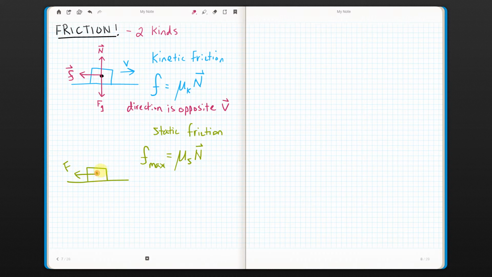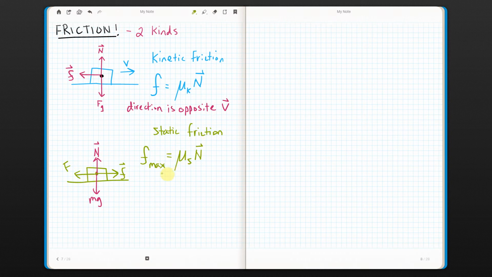I've got normal force this way. Gravity is down. I'm just going to put mg this time. It's easier. And the direction of the friction is whatever the direction needs to be to keep the net force 0. So in this particular case, the static friction would be equal and opposite to how hard I'm trying to push. Now, it can go up to whatever this number is.